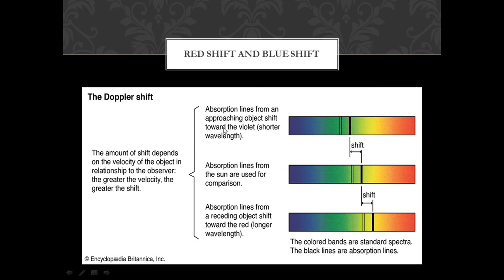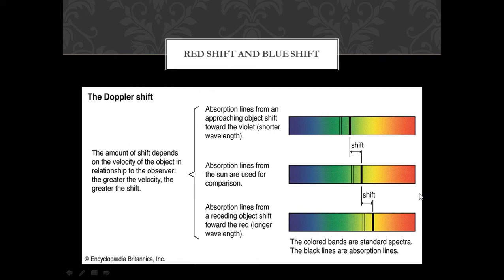Now, when you're looking at a star, suppose you're looking at a star using a telescope and you find it to be slightly blueshifted, and now you want to find with what velocity it is moving towards us. It's blueshifted, so it's moving towards us. Now to do this, we compare the light we get from the sun with that we get from the star, because the sun is almost stationary with respect to the Earth.